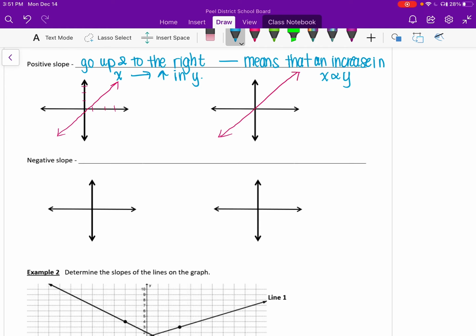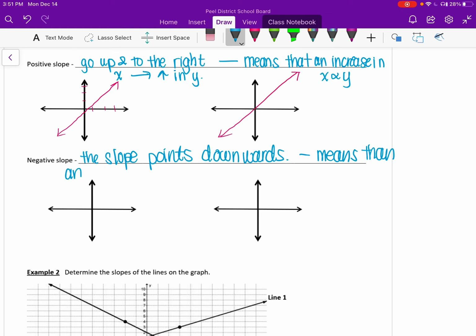Now, when you have a negative slope, the slope points downwards. Which means that an increase in x leads to a decrease in y.